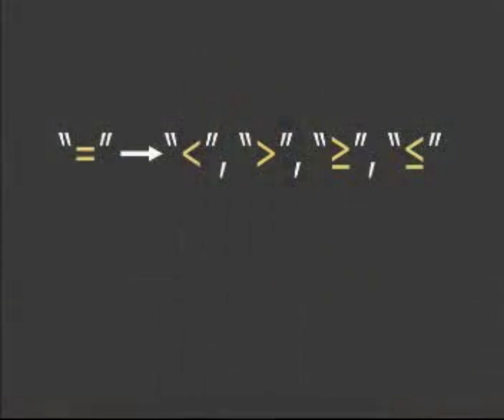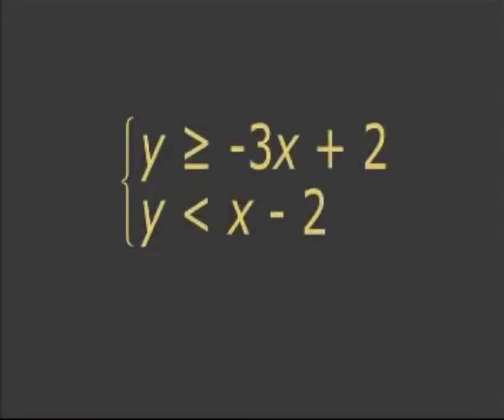In a system of equations, if the equal sign is replaced by any of these signs, the system becomes a system of linear inequalities. To find the solution set for this system of inequalities, let us first draw the graph of one of the boundary lines.